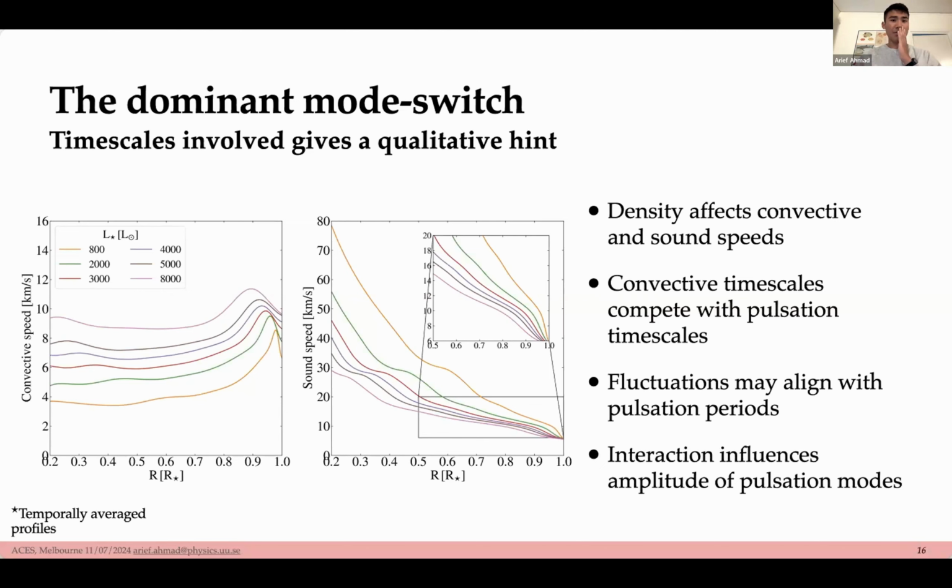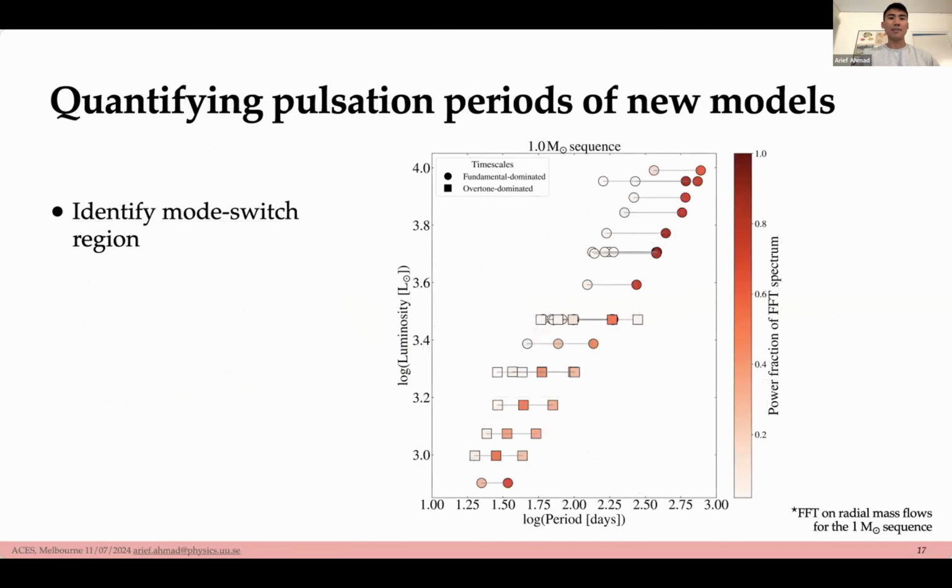So that is one qualitative thing that we can do, but we can also approach it quantitatively. Here is another period luminosity plot, but this time we have categorized or quantified the pulsation periods. In circles and enclosed in the colors is the power fraction of the FFT spectrum.